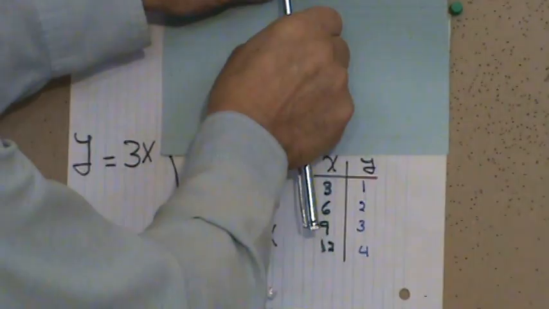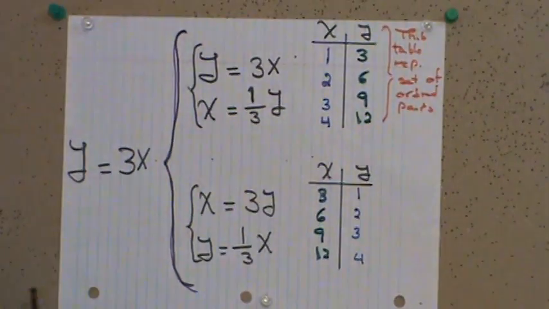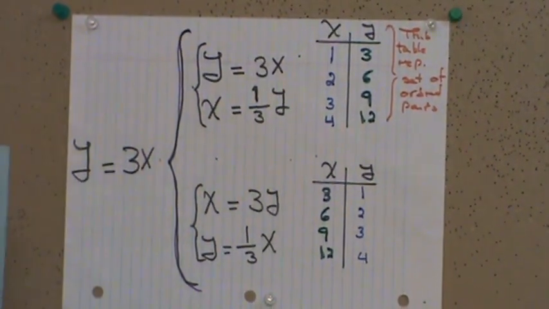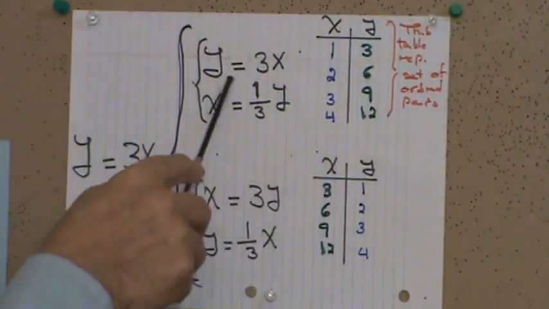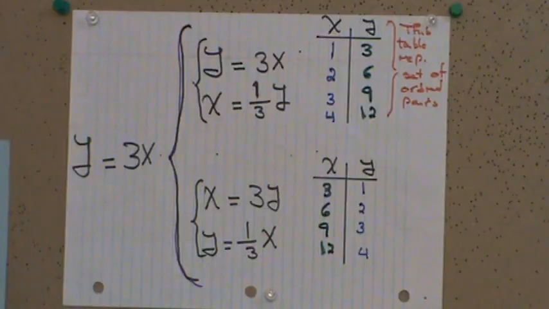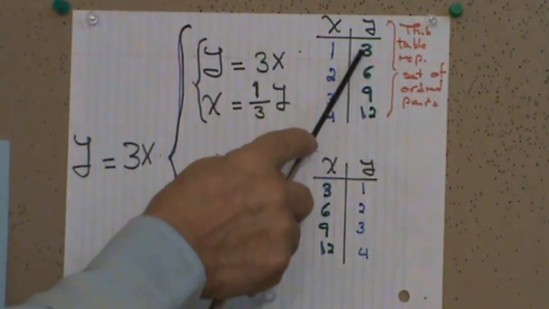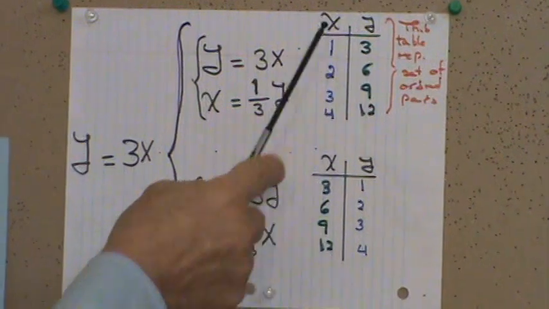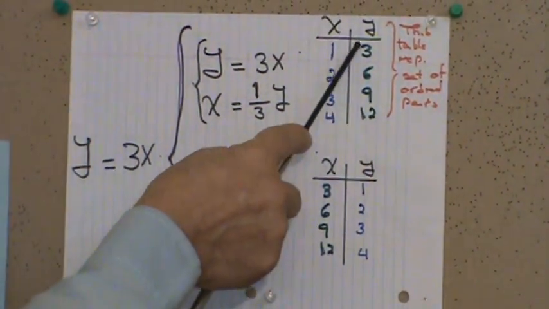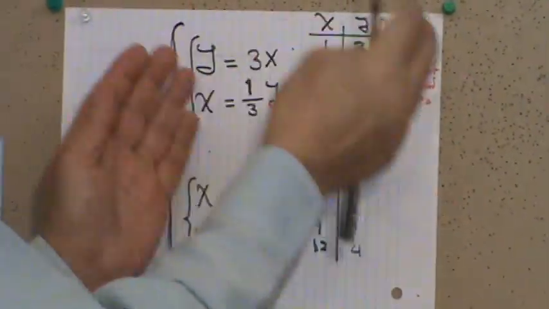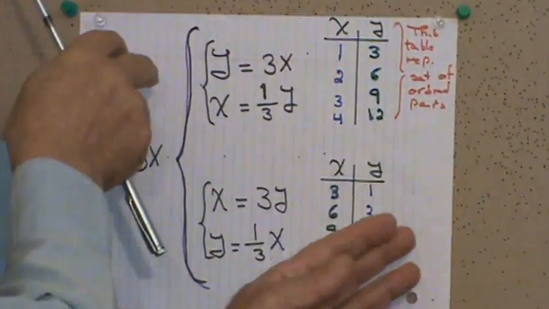Now please pay attention, it's very important in this case. This one is the inverse of this one in a sense. By inverse, I mean the rule of corresponding x to y has been interchanged, and the sets of ordered pairs have been swapped, x and y in a sense have been swapped, is that right?